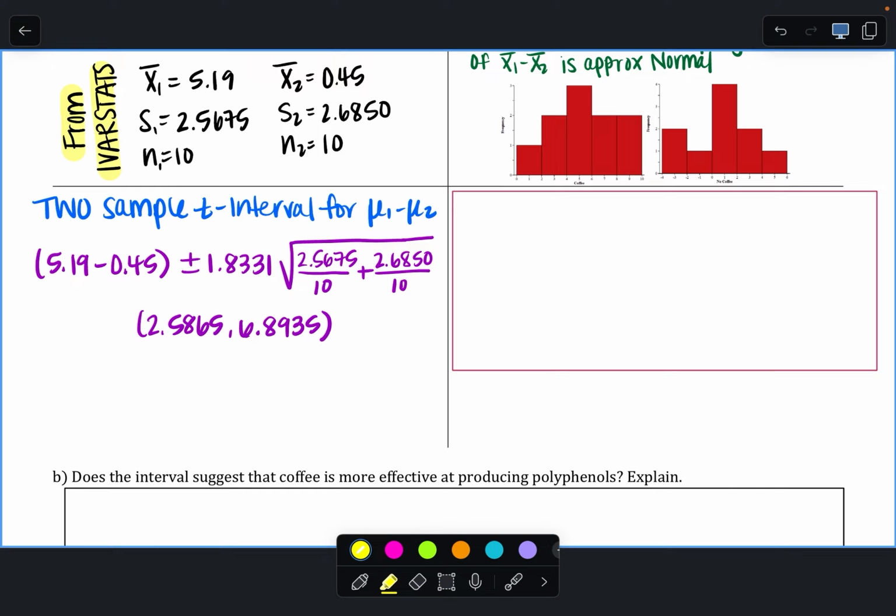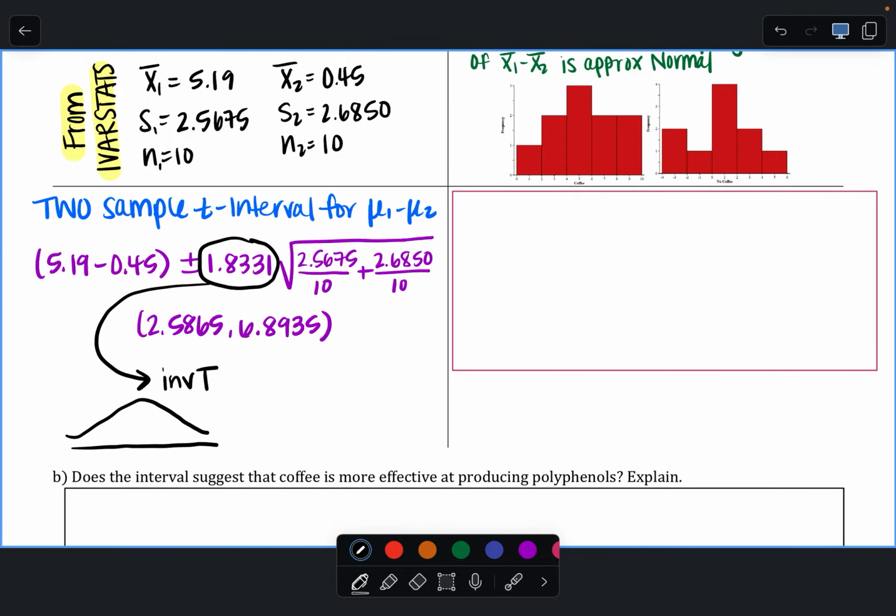So what I did in order to get this 1.8331, I went to inverse T. Now, the one thing that you have to remember is when I have a confidence interval, it is always centered in the middle.